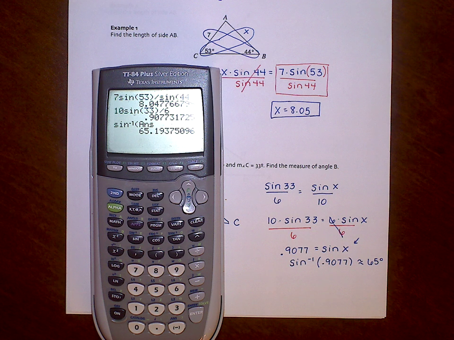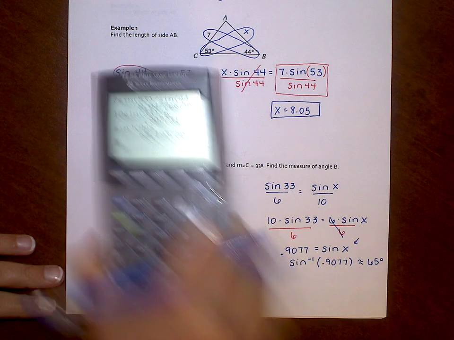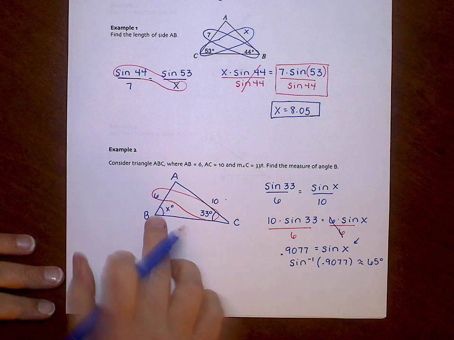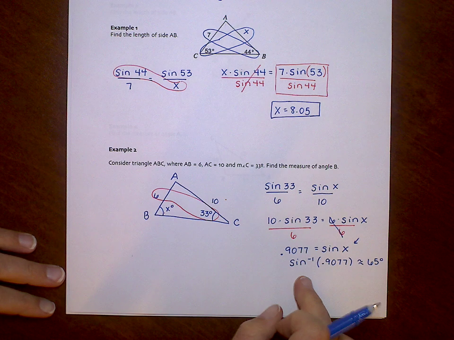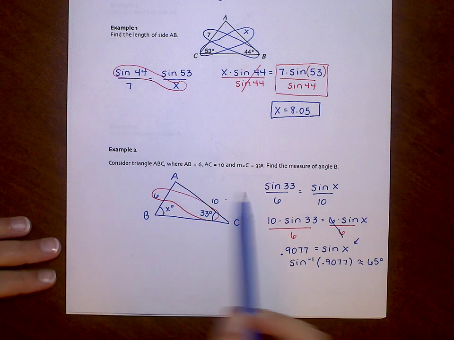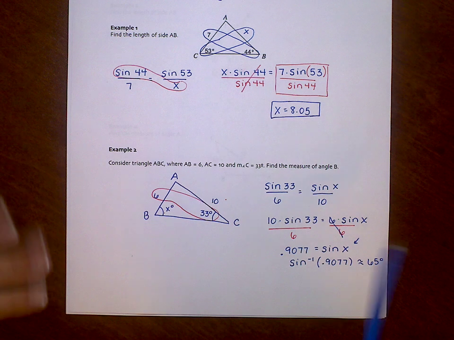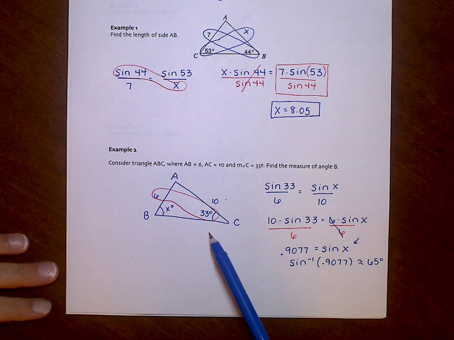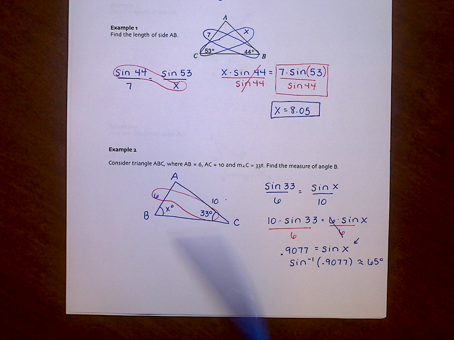Okay, so I should have known from the beginning, because I was looking for an angle measure, that at some point I was going to have to use inverse trig. And I think I mentioned that the other day, that anytime you're being asked to find an angle measure in whatever context, you're always going to end up using inverse trig at some point.